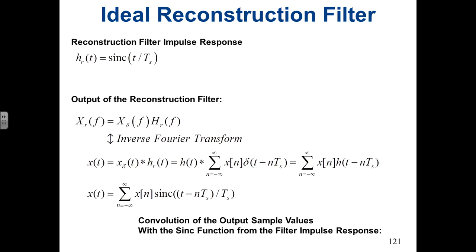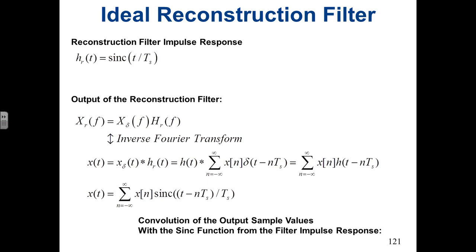We're going to convolve that with h of t, the impulse response of our filter. And when we convolve something with an impulse, we get that same function shifted over to where the impulse is. So the result of that convolution would be the sum from n equals minus infinity to plus infinity of x of n h of t minus n T sub s.